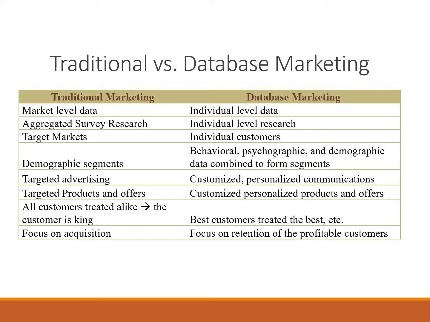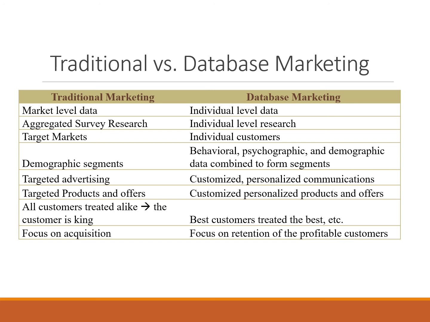That is, their product mix might change by store because the store knows what sells best. Database marketers have customized, personalized offers and communications. That is, they market directly to their customers, and they provide them with personalized products and offers.